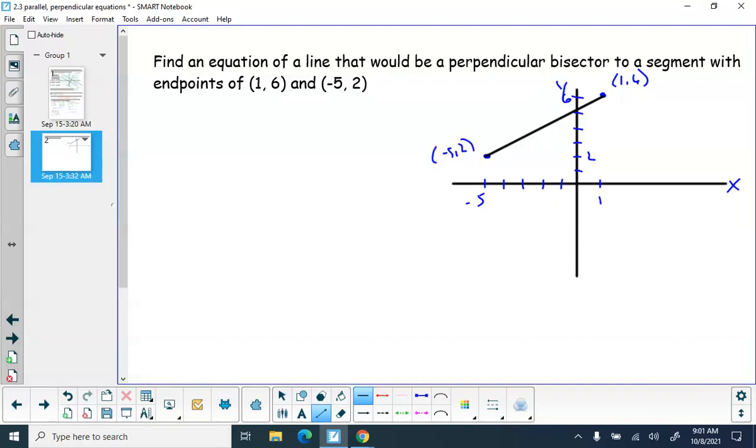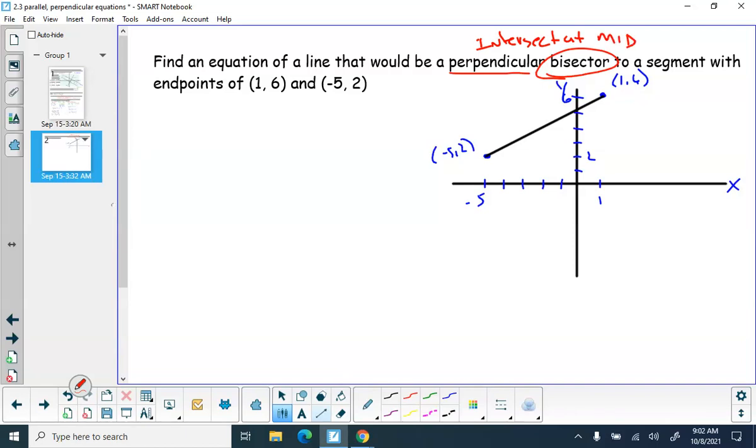I'm hoping that we can say perpendicular, we can handle that. What does it mean to bisect it, Grayson? Go through the center. Go to the center, which is what kind of point to the segment? The midpoint. Okay, when you're talking about a bisector, we're going to intersect at the midpoint.